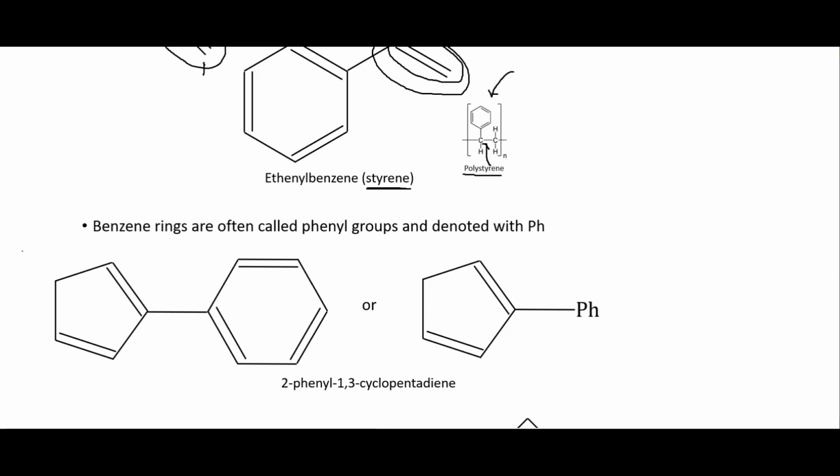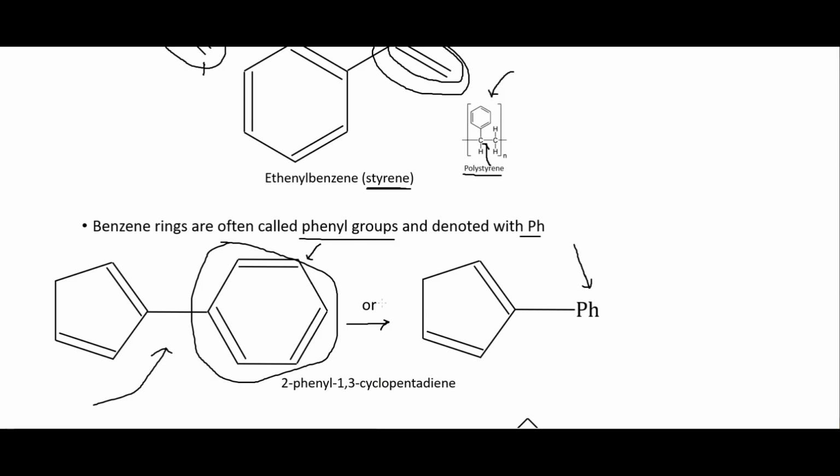All right, another thing is that these benzene rings are often called phenyl groups and denoted with Ph. And so if we have something like this, we might instead just collapse this whole benzene ring, or this phenyl group, into a Ph. And so you might see things that look like this. If you know anything about your amino acids, you'll know that there's phenylalanine, and that does have a ring like this on it, a benzene or phenyl group, and so that's why it's called phenylalanine.